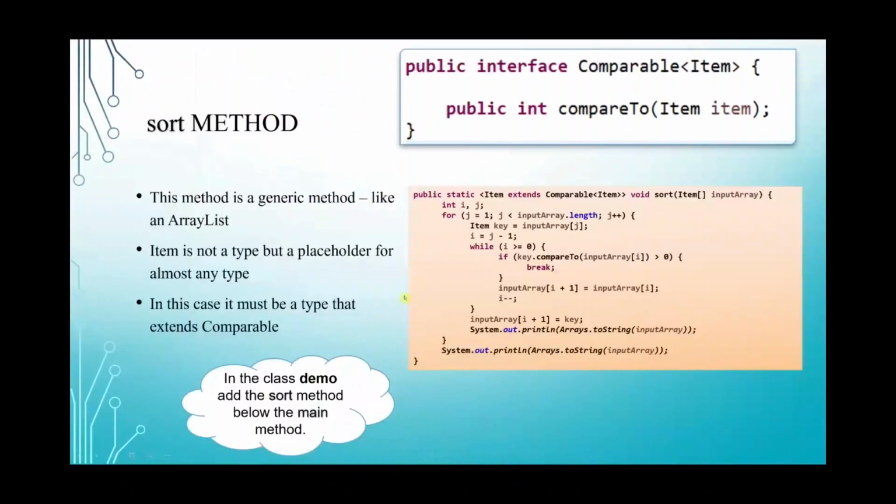So basically, let's go back and explain what's going on with the sort method, and then let's see what we have done when we added the unimplemented method to Friend. So first, this method is a generic method that takes any type, and this type must be extending, or in this case, implementing Comparable.